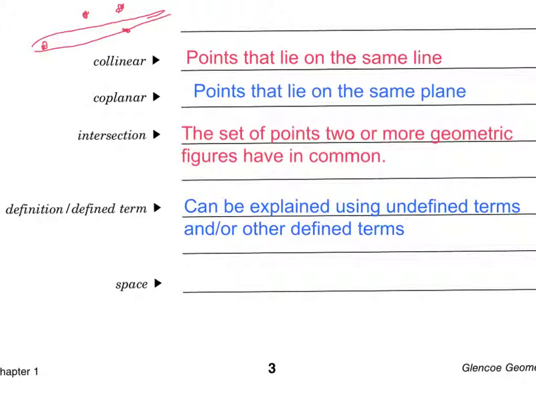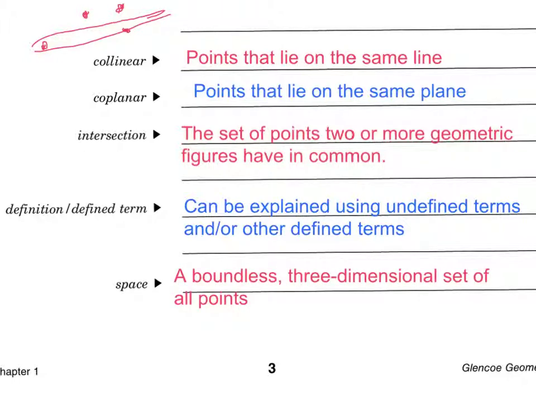So basically the next thing that is a defined term would be space, and that is a boundless three-dimensional set of all points. So I think of everything that we have, it's within a space. Now we actually can have multiple spaces. We just have different scenarios going on in each space. And whenever we have multiple things, we always like to label them, which is what we're going to do on the next slide.